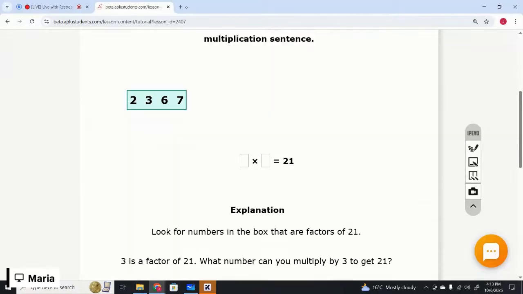So we have the product 21. You are given the numbers, just find out which two numbers when multiplied make 21. So 3 times 7 makes 21. The correct option is 3 times 7. 3 times 7 equals 21. That is 3 and 7.